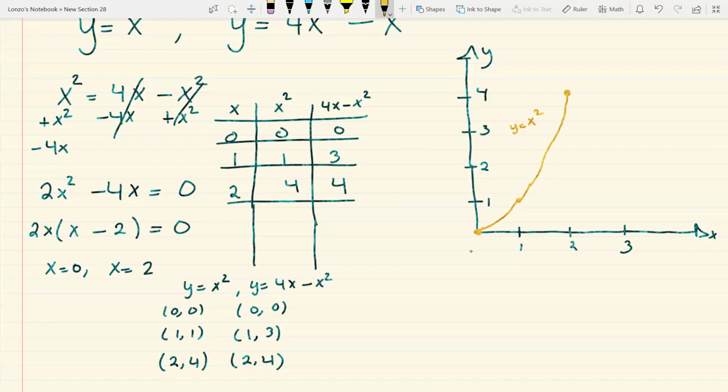And then the other one, let's do bronze. So we're going to graph this one, y equals 4x minus x squared. So you have 0, 0, 1, comma 3, 2, comma 4. Okay, the bronze is, wow, let's use another font.